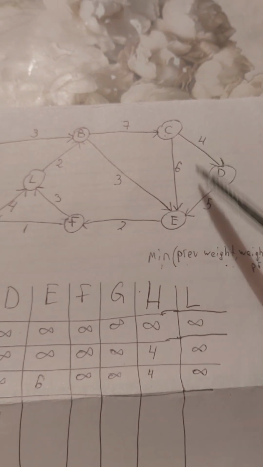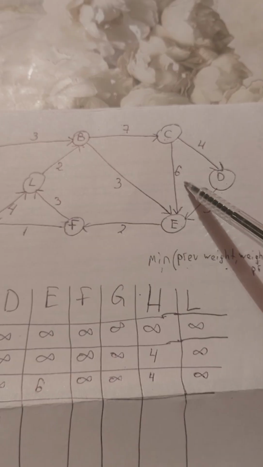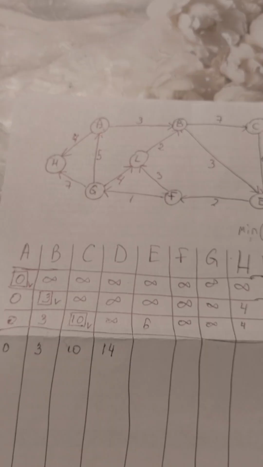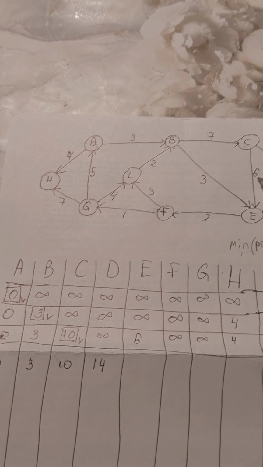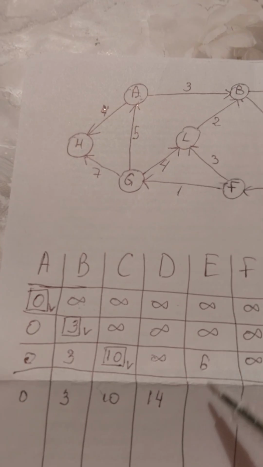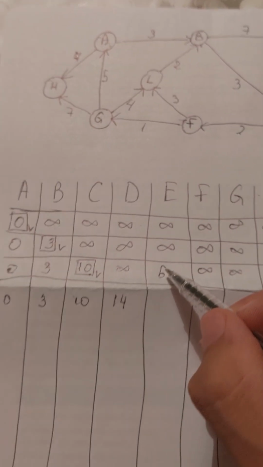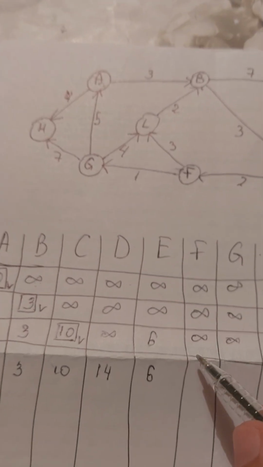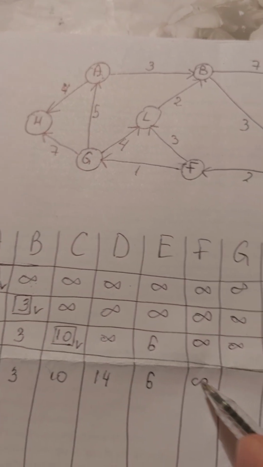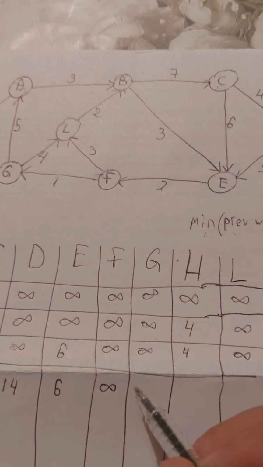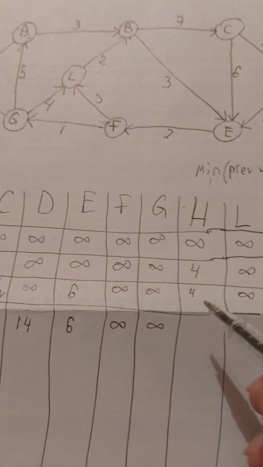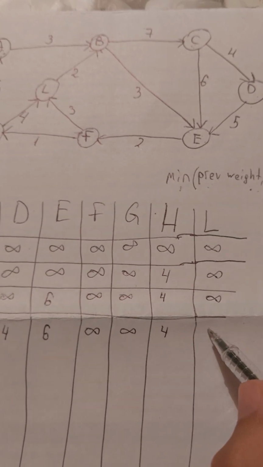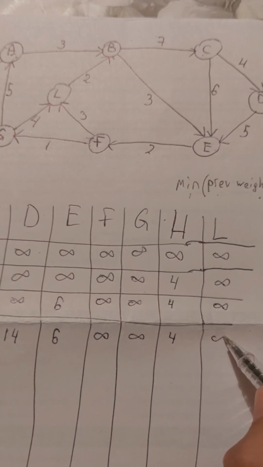From C to E you have a path. The actual weight is 6, but the previous label is 10. 10 plus 6 is 16. But 16 is more than 6, so the minimum is 6. Here we keep 6. To F we don't have a path. To G you also don't have a path. To H we don't have a path, so we keep 4. To L we don't have a path.